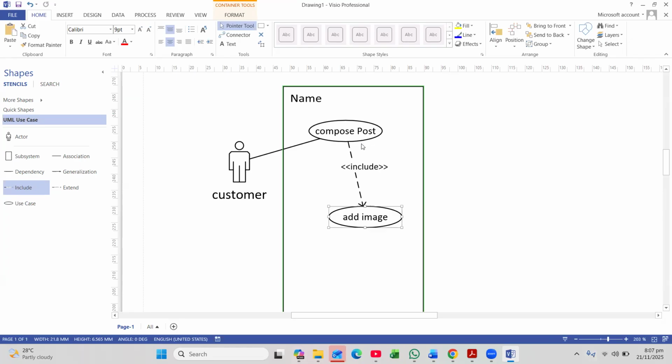What other kind of relationship can I have? Let's say I want to book a flight. Now, if I am booking a flight, I can select a seat.